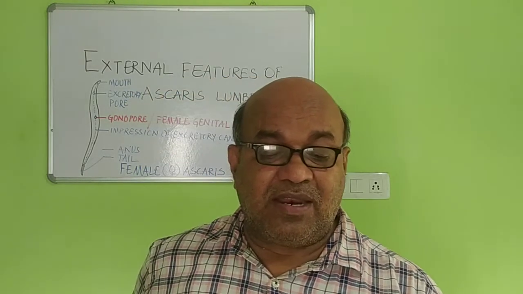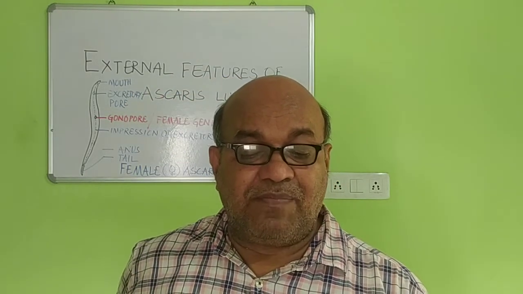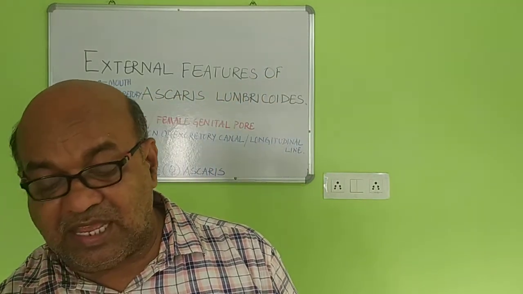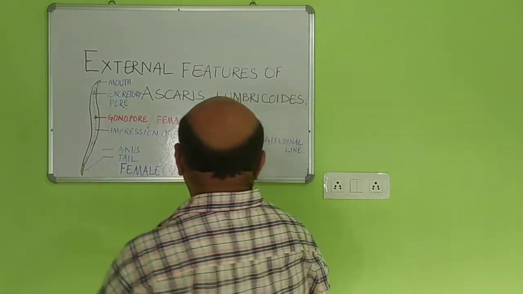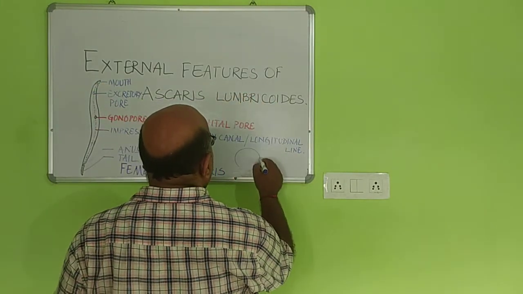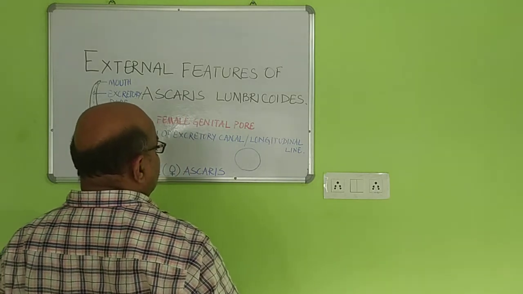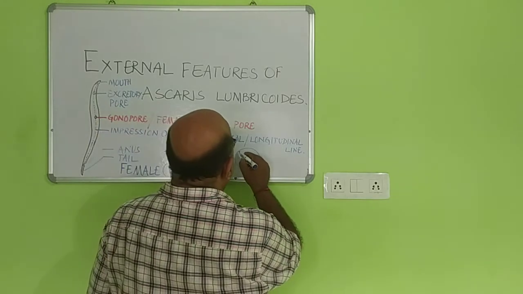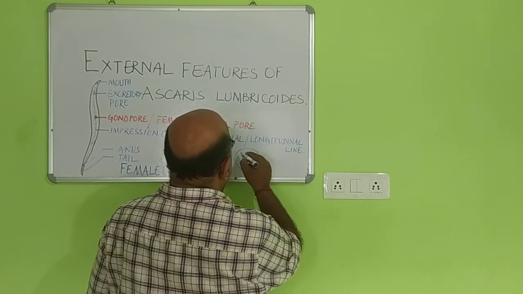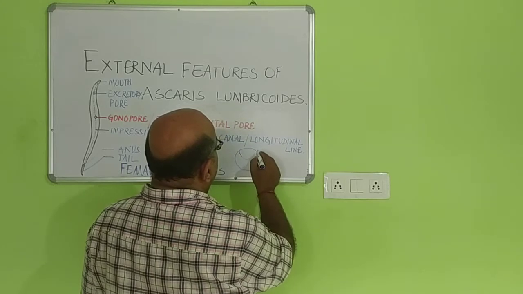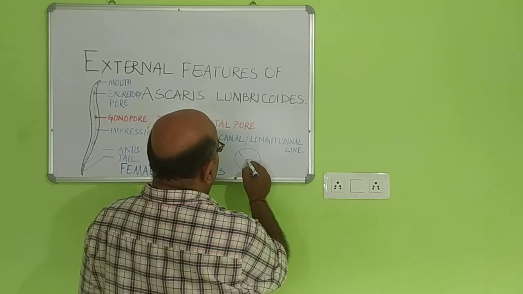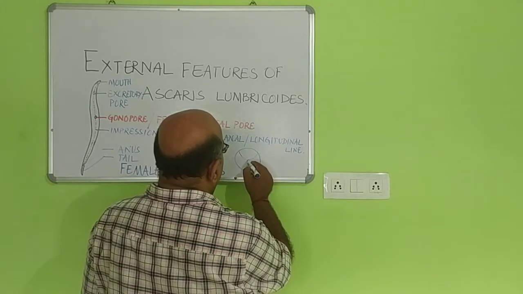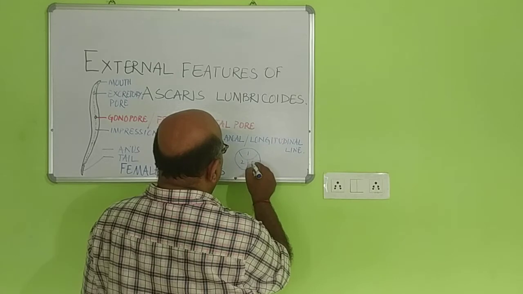These lips bear the labial papillae. Labial papillae you must see there. Suppose it is the mouth, which is present at the anterior part of Ascaris lumbricoides; there you find three flap-like structures: one median dorsal flap, and the other two are the ventrolateral flaps. These three flaps, one, two, three.